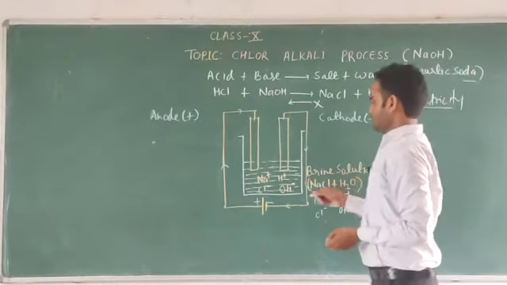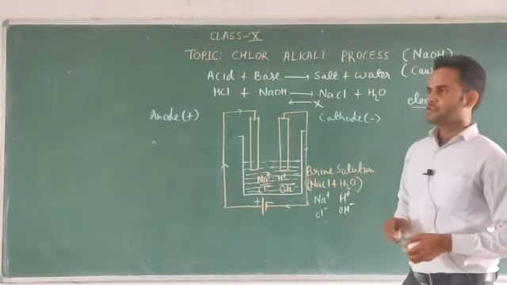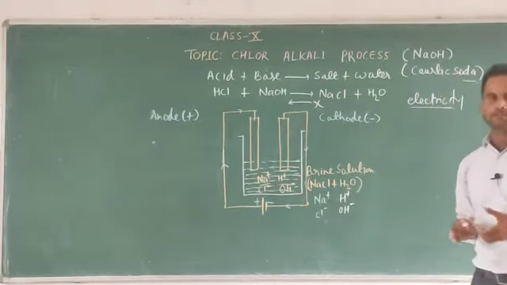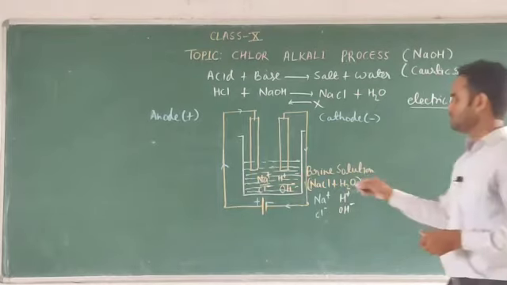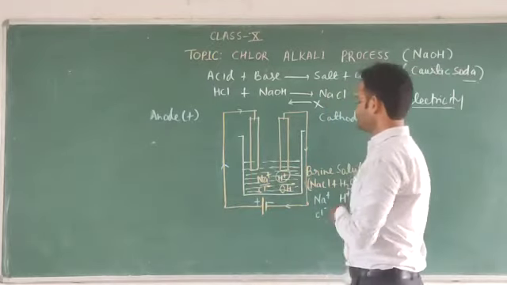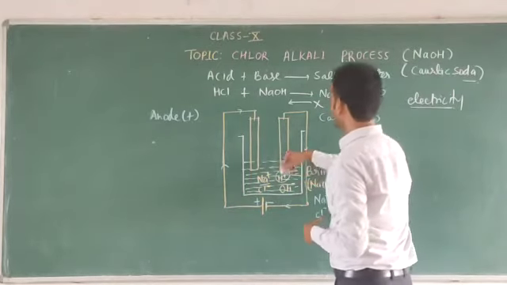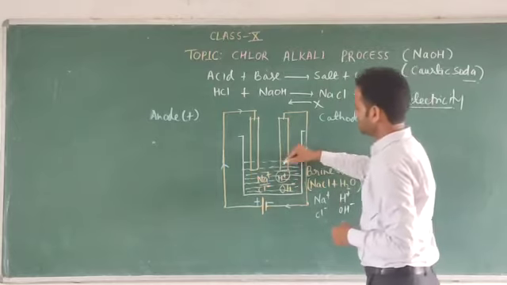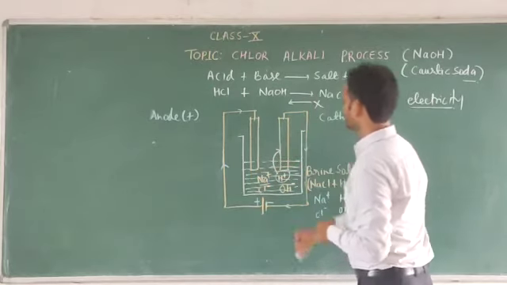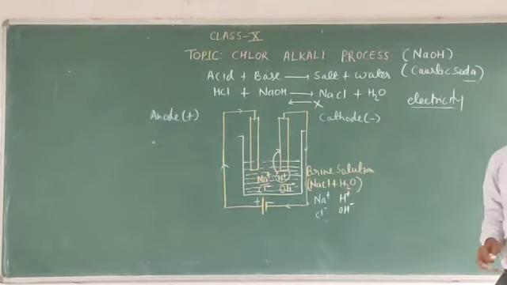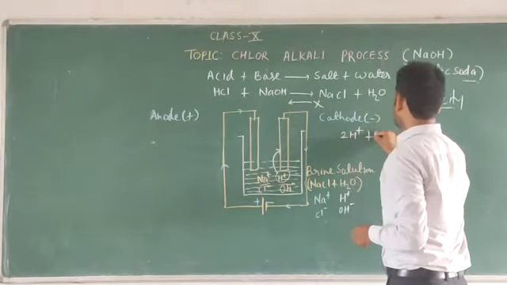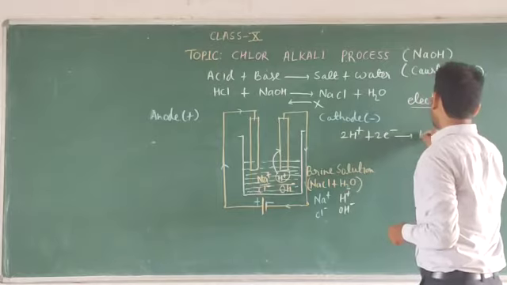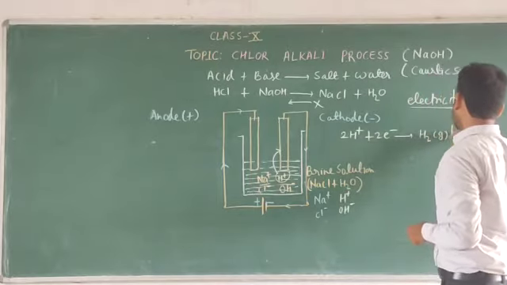Sodium metal is very reactive, so the Na plus ion prefers to remain in solution. That is why the H plus ion will be attracted to the negatively charged cathode electrode, and the reaction which takes place here is that it gains electrons to form hydrogen gas.